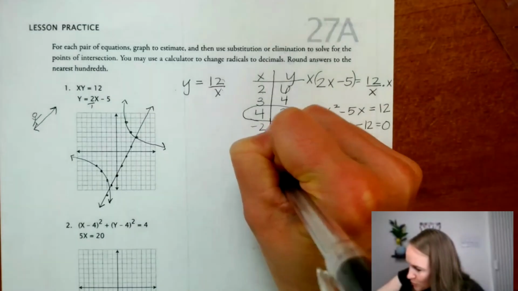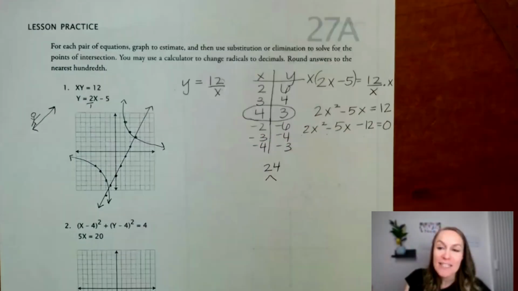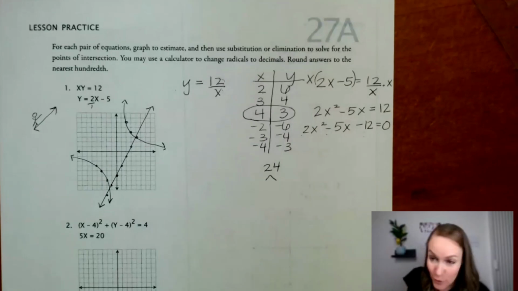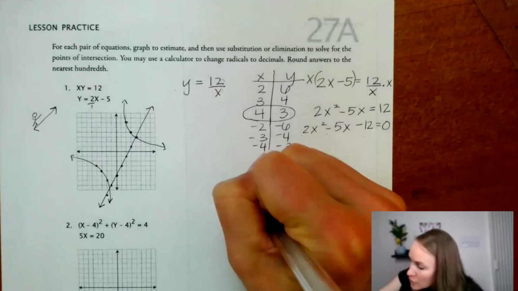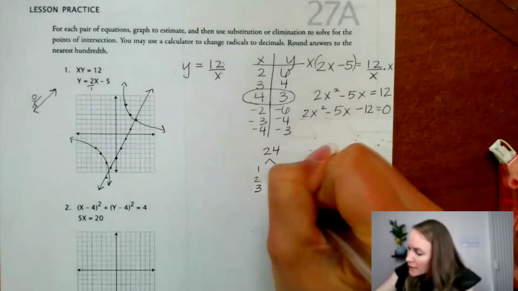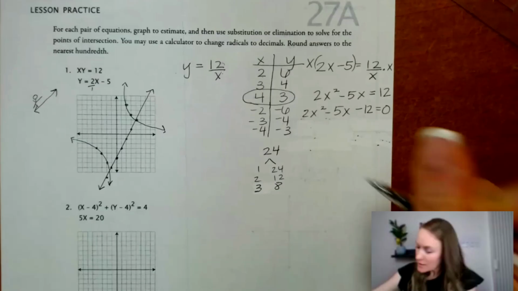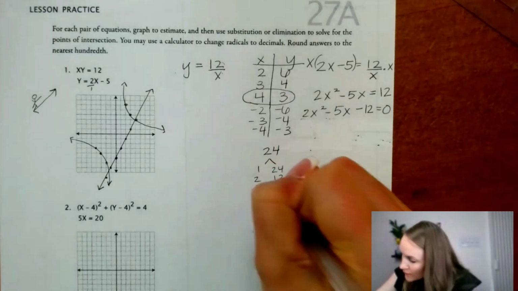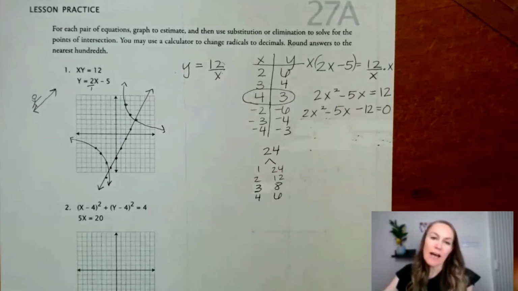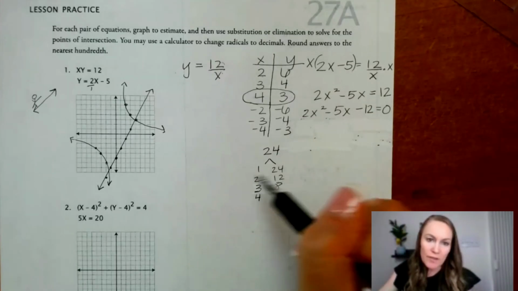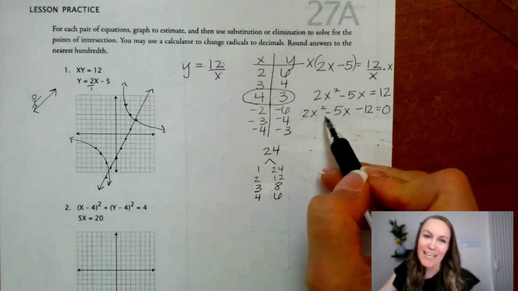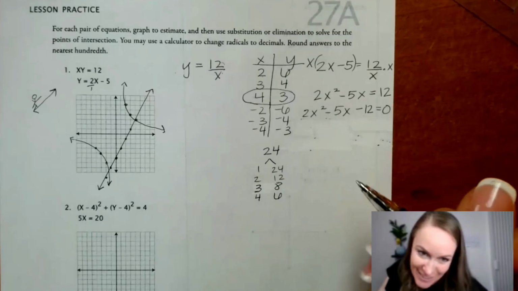So I'm going to come over here and list the factors of 24. Super simple, right? So I have 1 and 24, 2 and 12, 3 times 8, 4 times 6, and 5 is not a factor of 24. So that's it. So which one of these will add and subtract to get negative 5x?